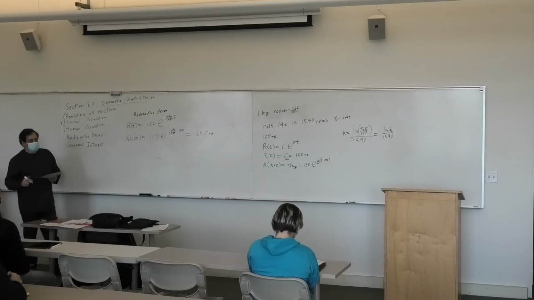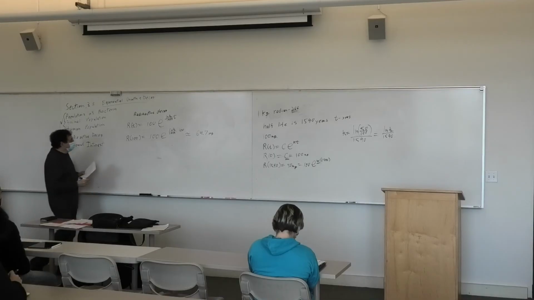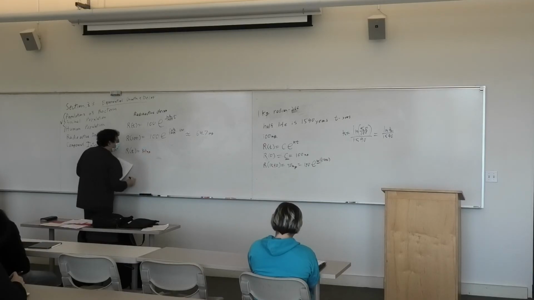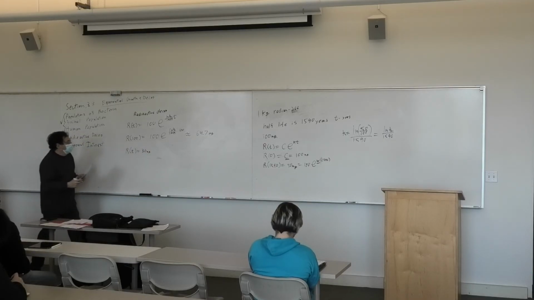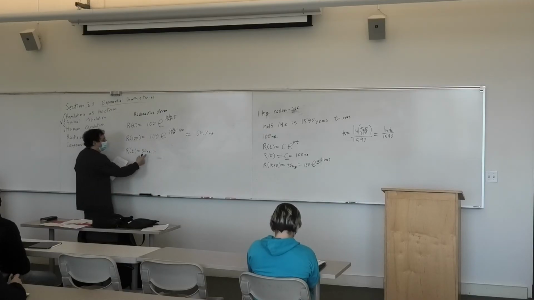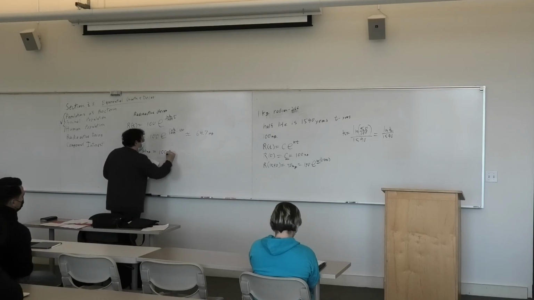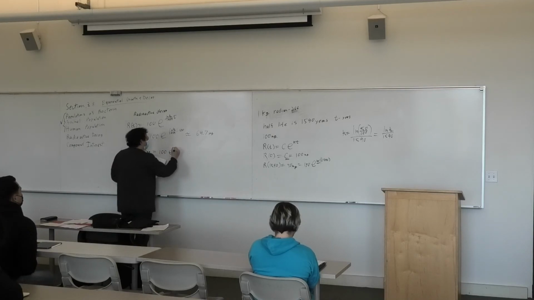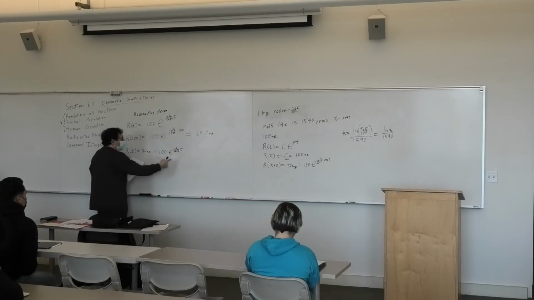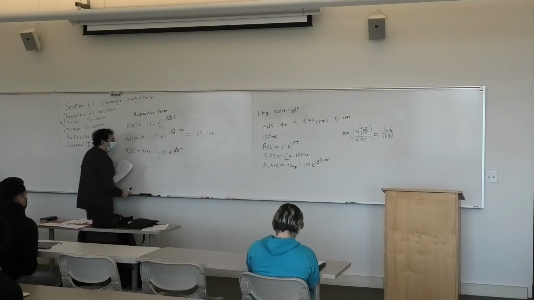Final question: how long until we get down to 30 milligrams left? Well, this is just some basic algebra. This is going to be 100 e to the kt, with k being log of a half over 1590, times t. Now I have to solve for t.